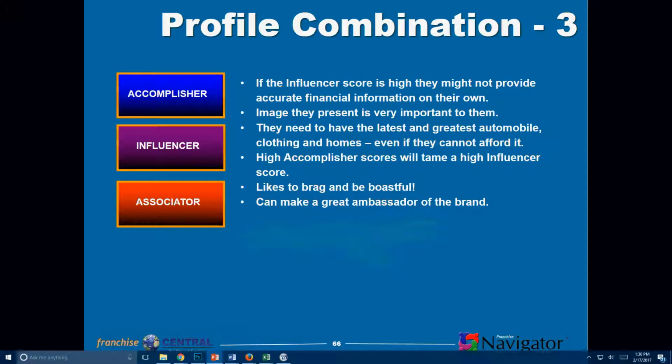But if the score is very high, they're not going to provide you with financial information on their own. You're going to have to dig and really get into who these people are and what their financial information really looks like. The image that they present is very important. They need to have the latest and the greatest automobile, clothing, homes, even if they can't afford it.